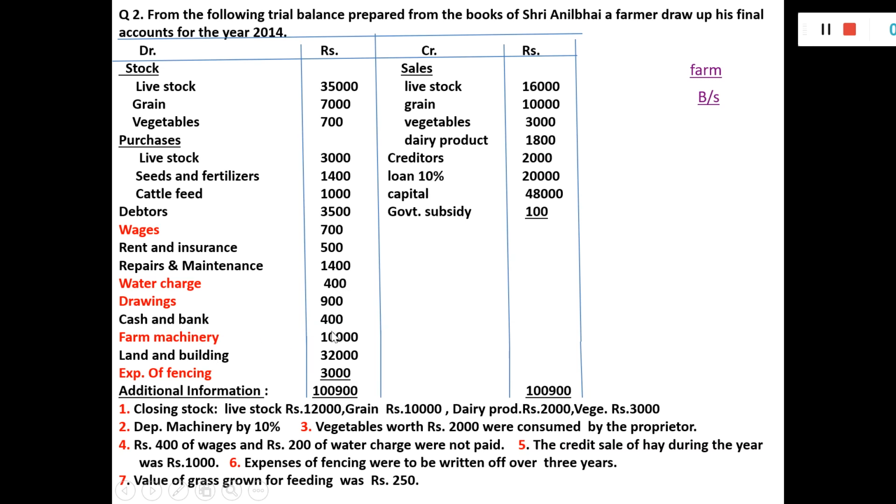Cash and bank 400, farm machinery 10,000. So look at adjustment number 2, that we have to give the effect of the depreciation regarding the machinery at 10%. So it will be considered here. Go to the balance sheet.